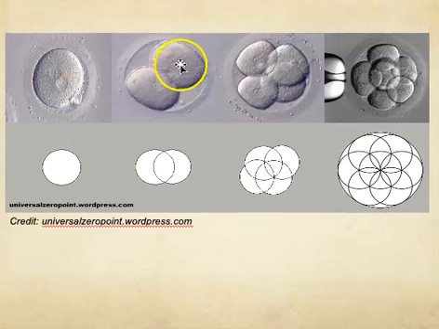And then these, when they divide, they're going to get smaller. And then when they divide, it's going to get smaller. In other words, with each round of cell division, no new cytoplasm is being made. The cytoplasm that was present here was already plenty for all of these cells.